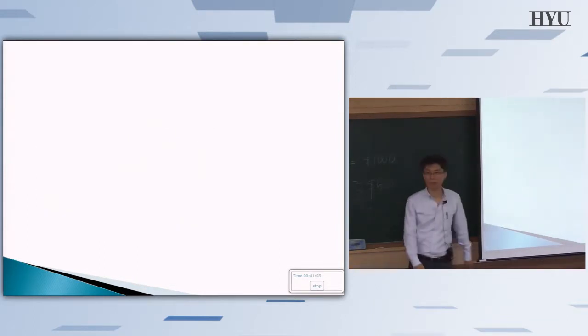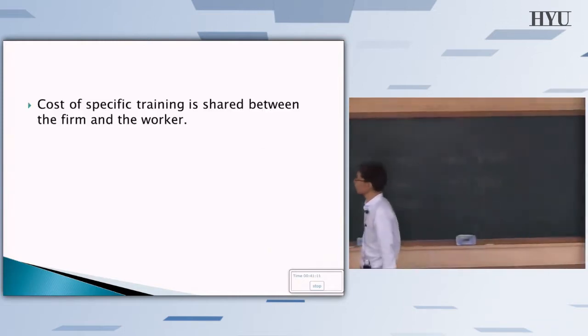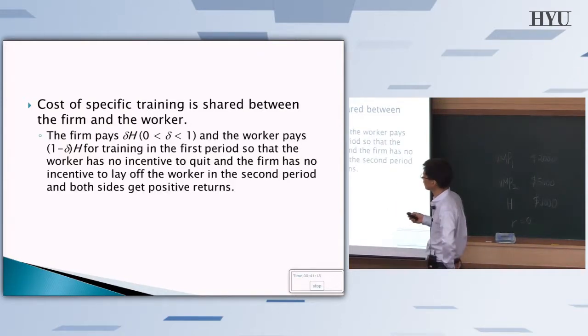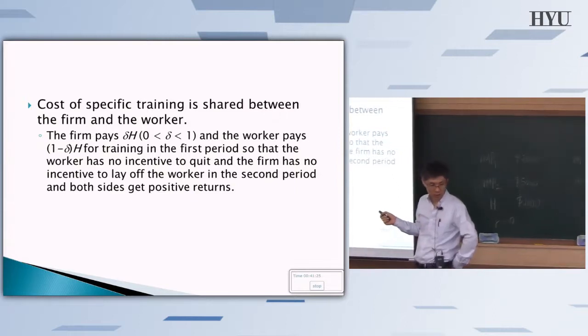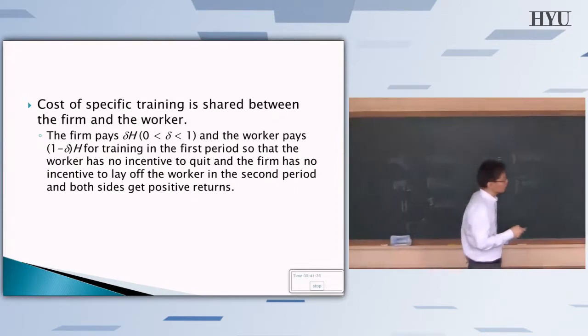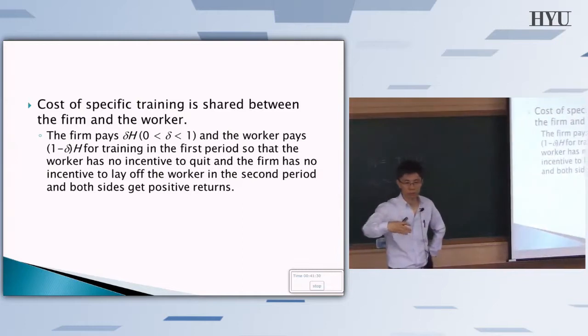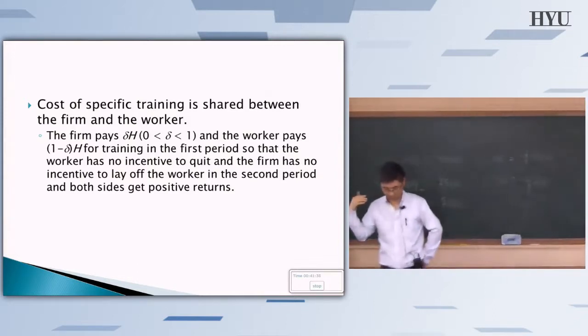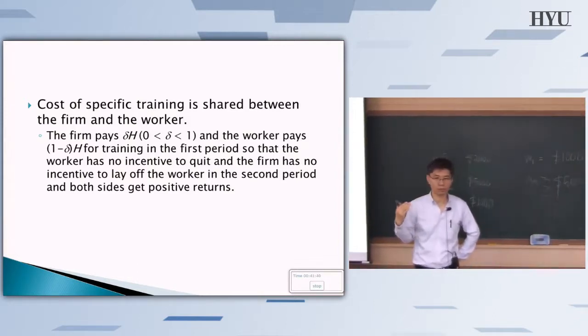So in the specific training, okay, usually the cost must be shared. Okay? So how? Basically, the firm pays a certain percentage of the cost, and the worker pays a certain percentage of the cost. Okay? And then since the training cost is low from the employer's point of view, the firm will try to recoup the cost, but the cost they try to recoup is not very high.